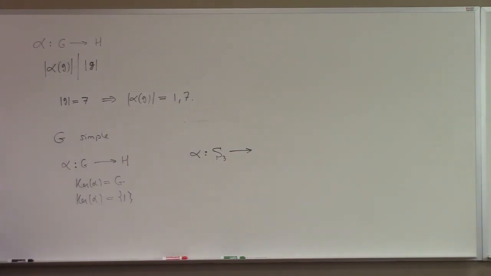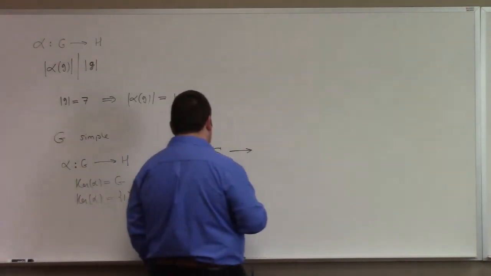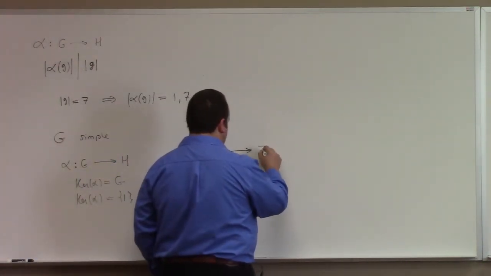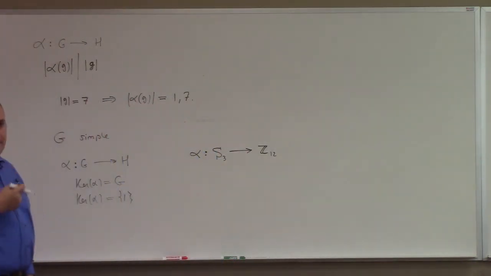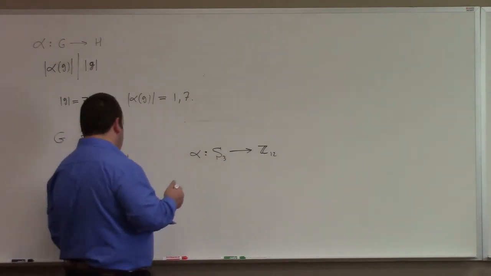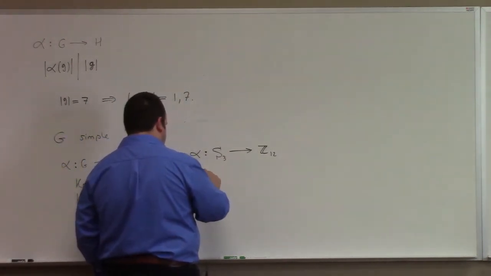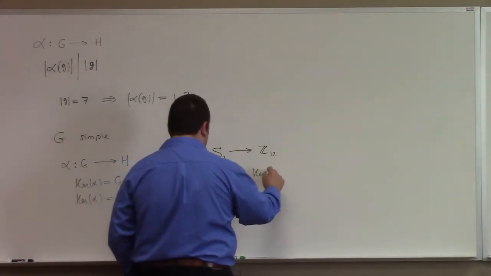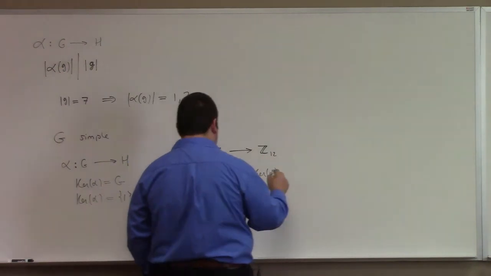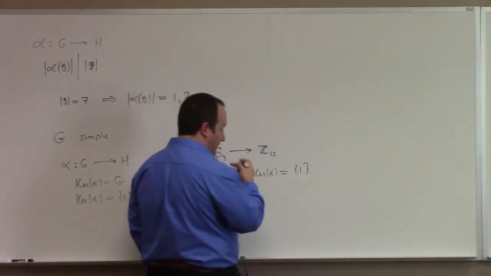Suppose you want a non-trivial homomorphism from S3 to, I don't know, Z12. Maybe this is too stupid, but I guess you could pick at the non-abelian aspect of it. So if it's non-trivial, that would mean that the kernel of alpha is equal to 1, right?